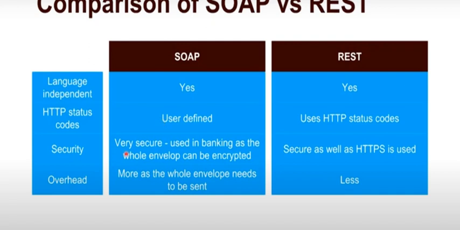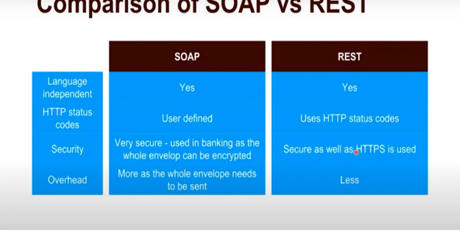Security. SOAP is very secure and used in banking, as the whole envelope can be encrypted. The transmission was in the form of an envelope, and the whole envelope can be encrypted. In REST we can use the services of HTTPS also.